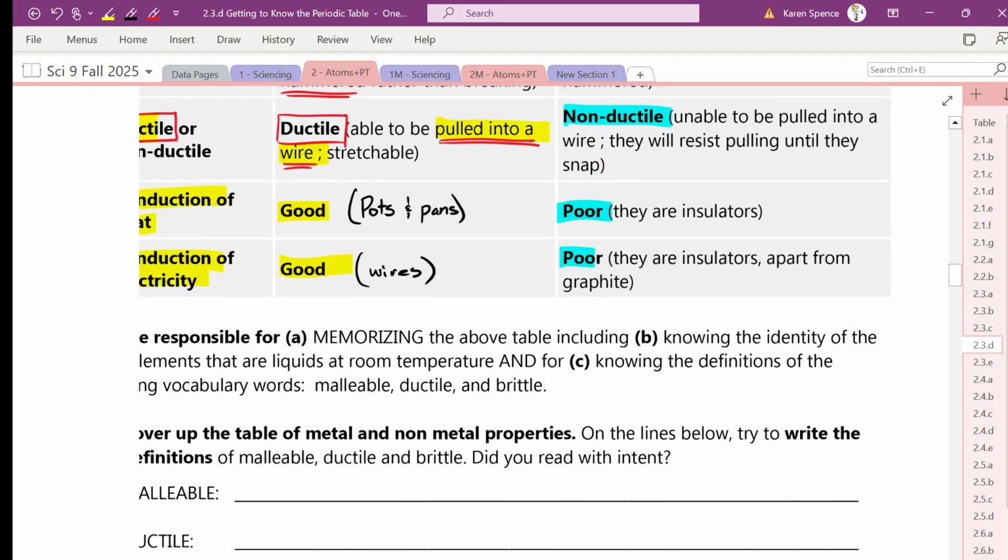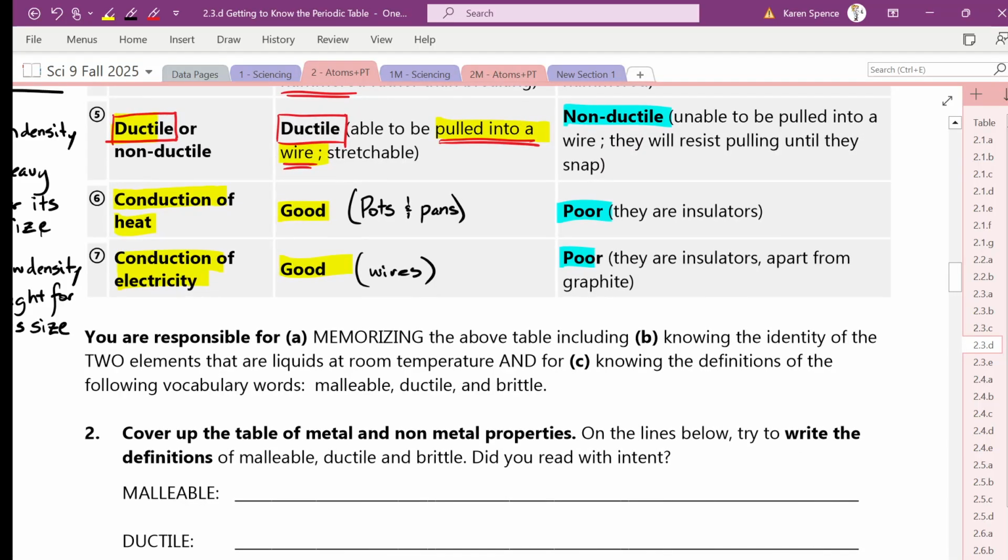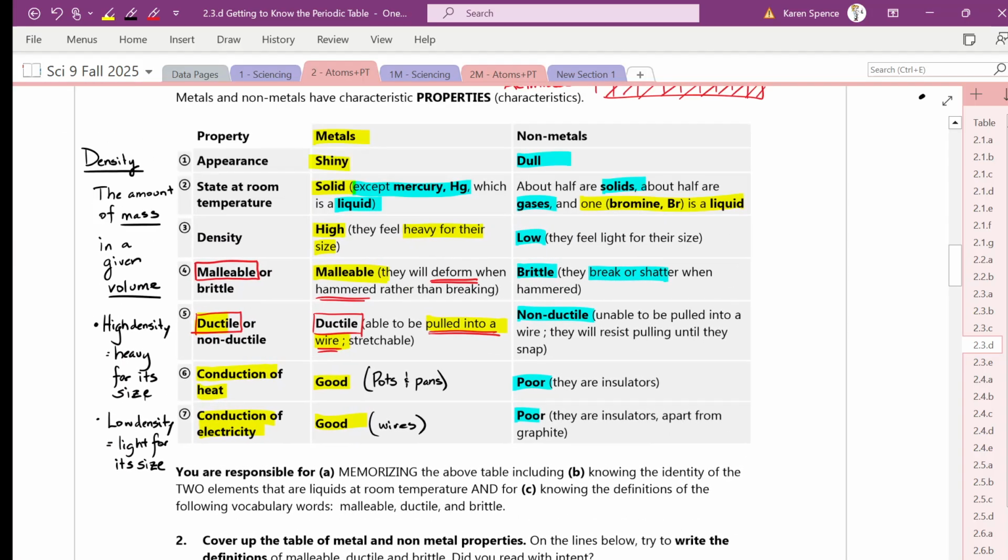All right. And so let's see. You guys are responsible for memorizing this table. Okay? Because it's not difficult. Can we just memorize it? Okay, so you're going to memorize it. But here's the thing.